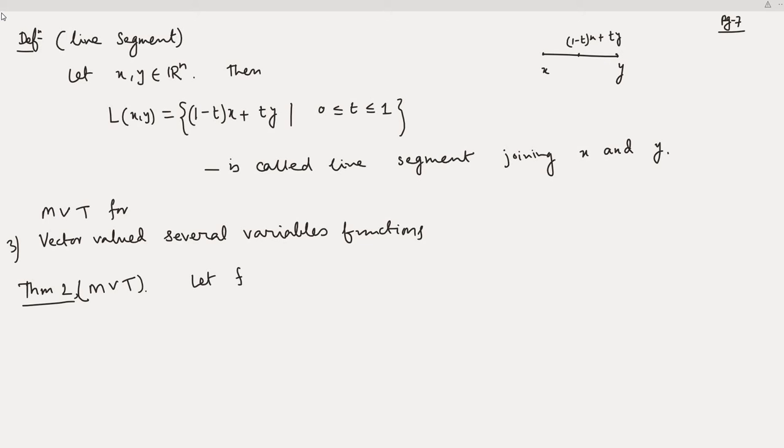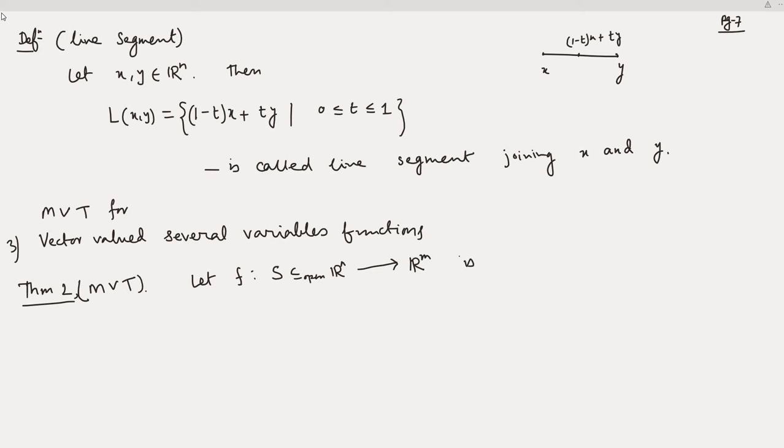Let f be a function defined on some open subset S of Rn, with values, that is codomain, in Rm. So this is the function f from S to Rm, where S is an open subset of Rn.